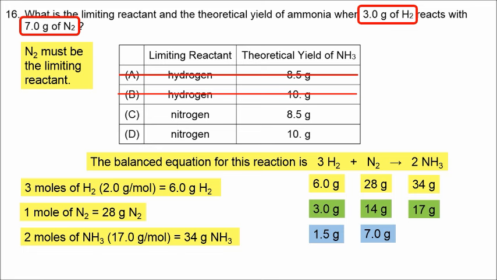And since all of the nitrogen reacts, but only half of the amount of available hydrogen reacts, there's going to be 1.5 grams of hydrogen left over at the end, and our theoretical yield of ammonia is only 8.5 grams.